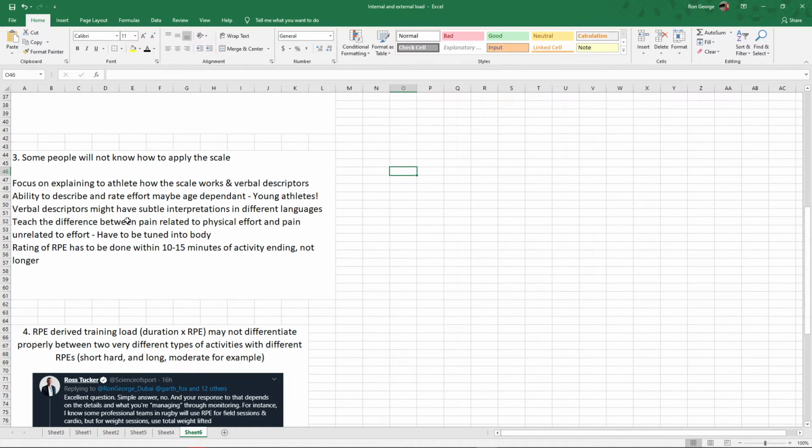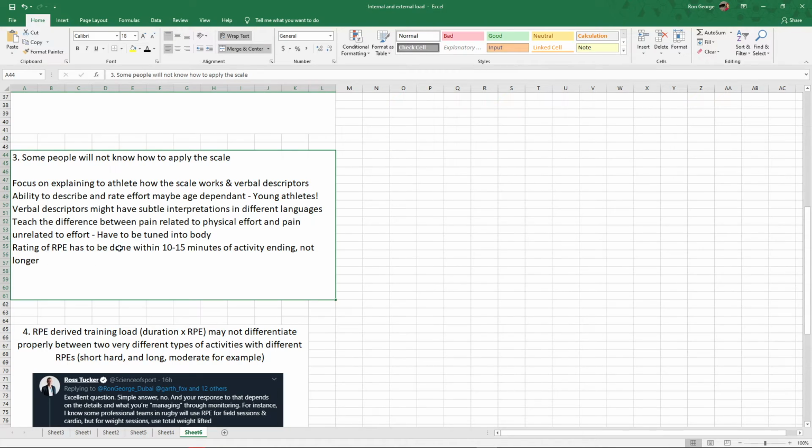One important thing: rating of RPE has to be done within 10 to 15 minutes of activity ending. What usually happens is, because the RPE tool requires you to enter something in a training diary or go online and enter something in a software or app, you might forget about it, and then only the next day you wake up and think, oh, I had to enter that information in.